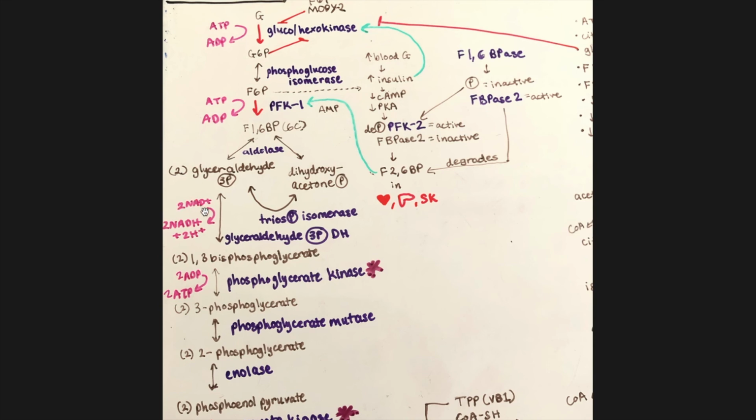But let's not forget the 2 NADH plus 2 H plus here. How much ATP does NADH plus H plus give you? Well, 1 NADH plus H plus gives you a total of 2.5 ATP. And if you want to round it, you could say that 1 NADH plus H plus makes 3 ATP to make the math a little simpler.